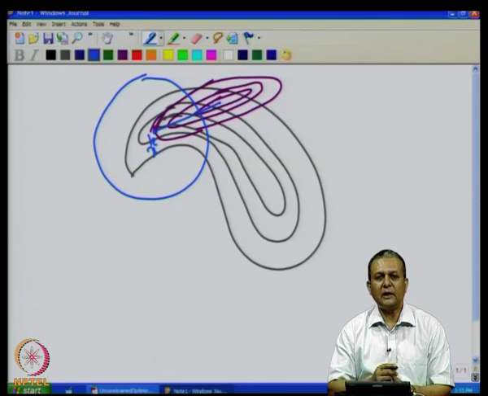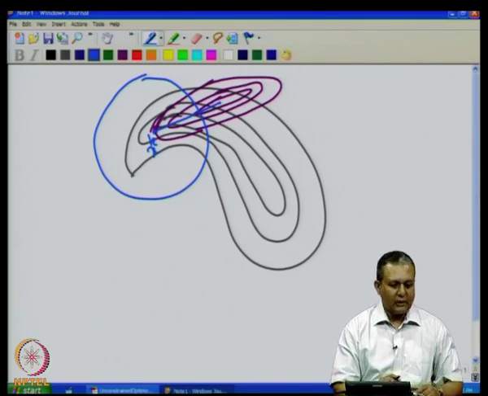So, by adapting the size of this region of trust, one can move to a new point, and that will ensure that we are not going in a direction which is away from the local minimum. So, let us see how to do that.